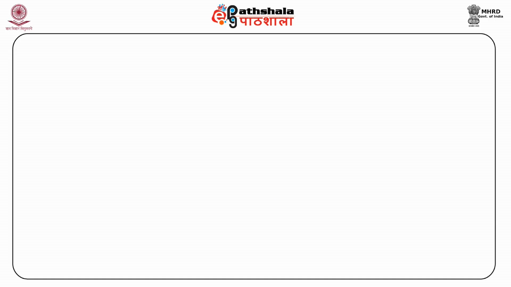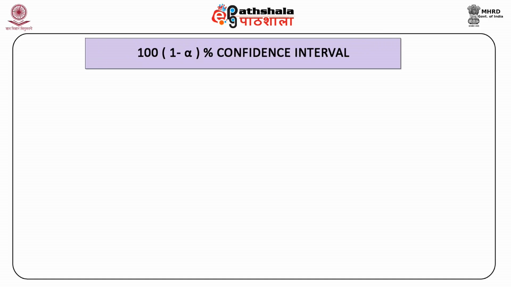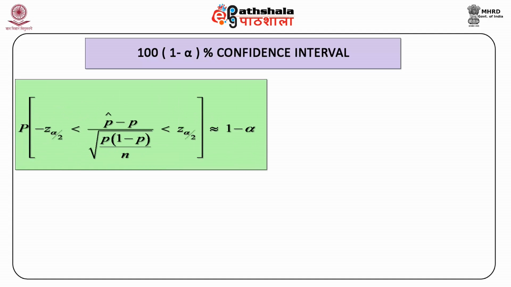Standardizing p hat, we get the 1 minus alpha confidence interval for p as follows. Probability that p hat minus p upon square root of p times 1 minus p upon n lies between minus z alpha by 2 and z alpha by 2 is approximately 1 minus alpha.